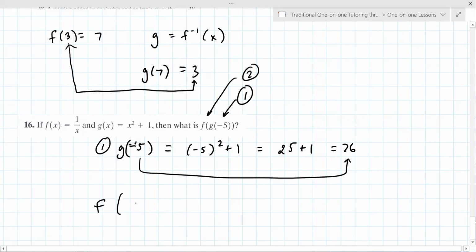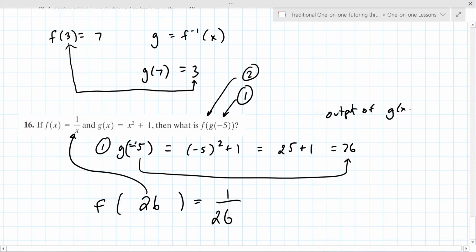I don't need g of negative 5 anymore, I know what it is now. It's 26. So it's 1 over 26 because you put 26 in for x. You take the output of g of x, and that becomes the input to f of x.